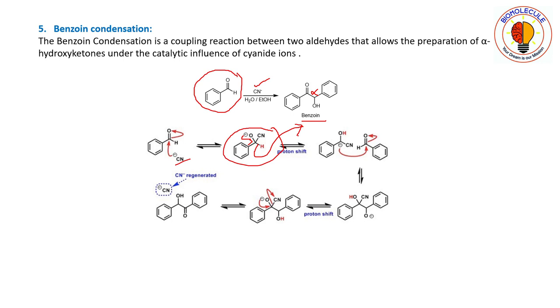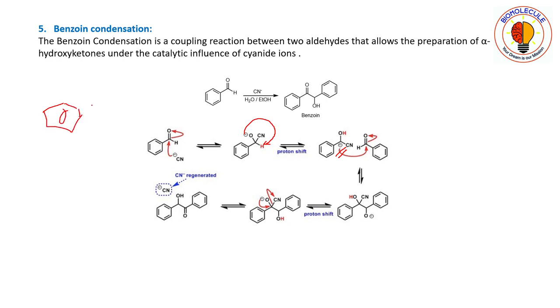That would be a Cannizzaro type reaction, but this type of reaction does not happen here. What happens is that this O minus takes up this proton and gives us a carbanion. So Cannizzaro type reaction does not happen here.